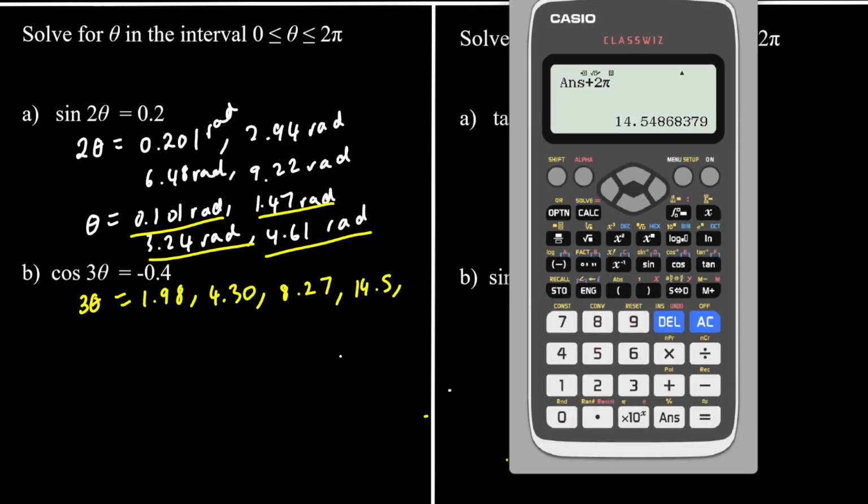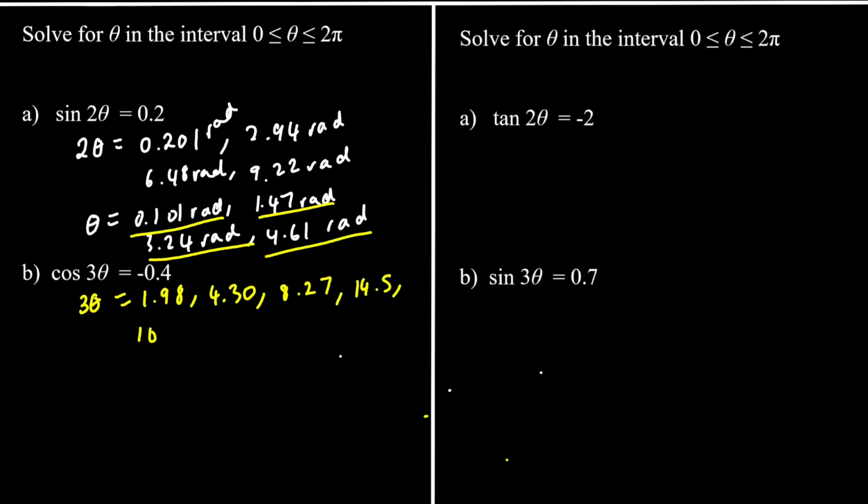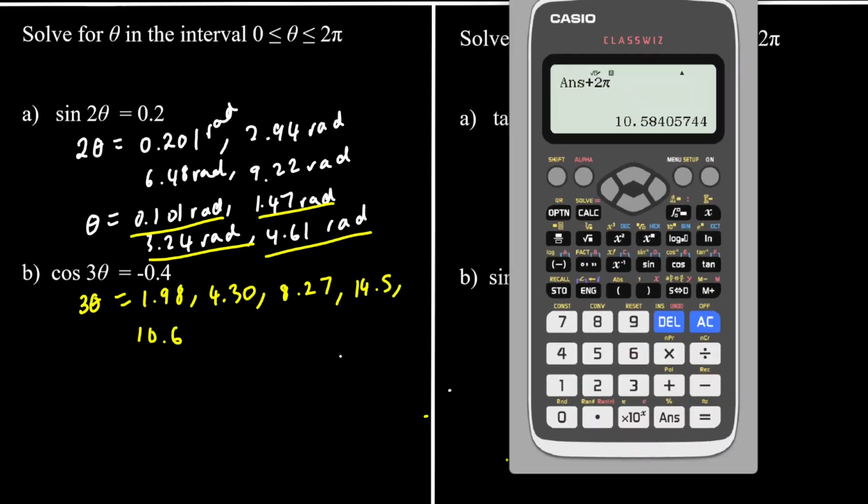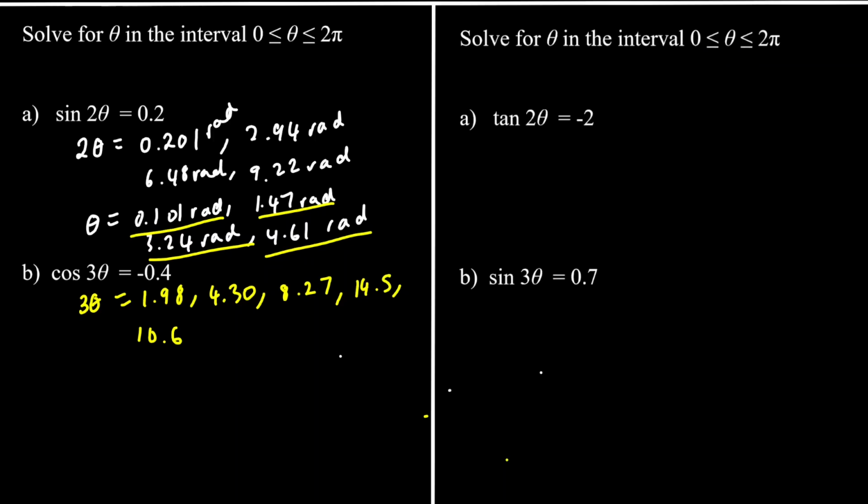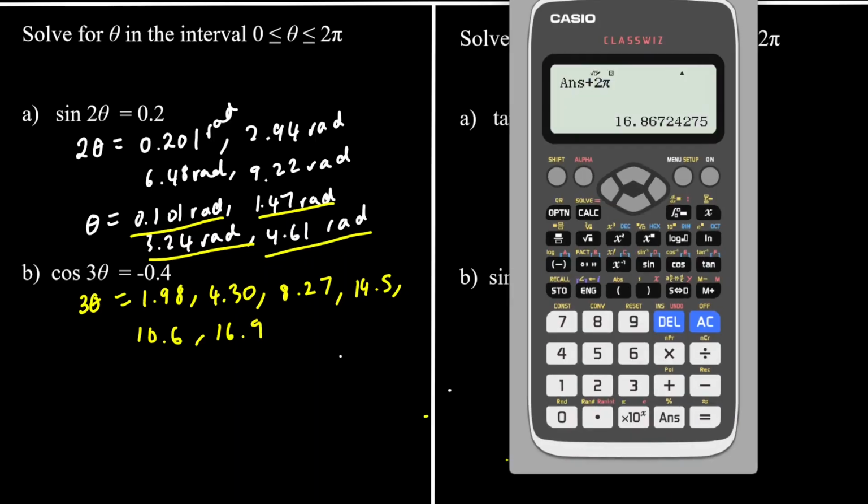I'll store as D. Then I've got my second answer, plus 2 pi, which was 10.6. So store as E. And then plus another 2 pi. 16.9. And I can even store that as F. So I've got 6 answers there.